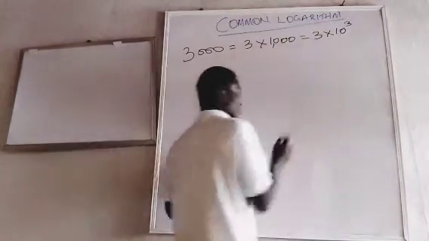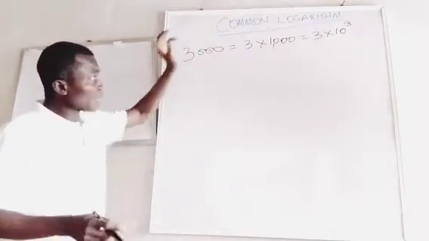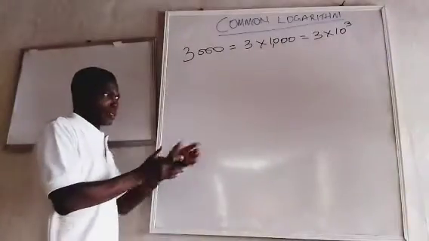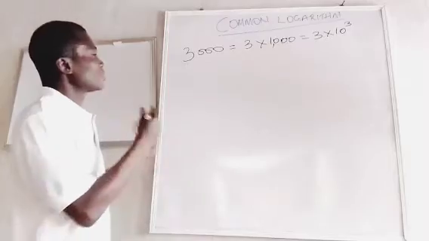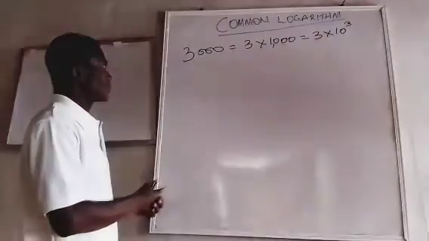Please take note of this. That is why whenever we want to do common logarithm, we first of all treat standard index, that is indices in base 10. Standard indices in base 10.